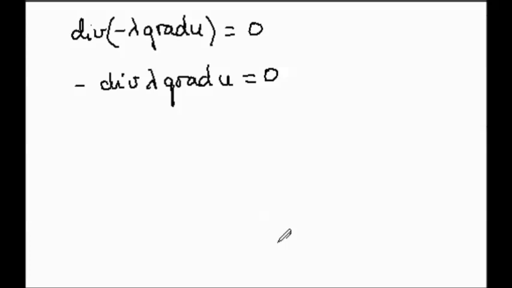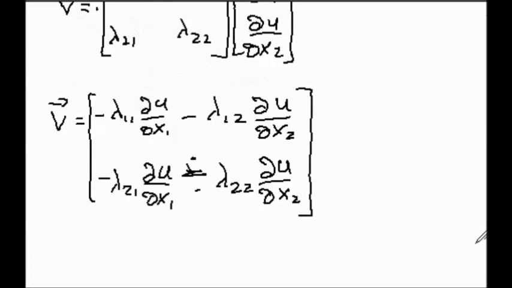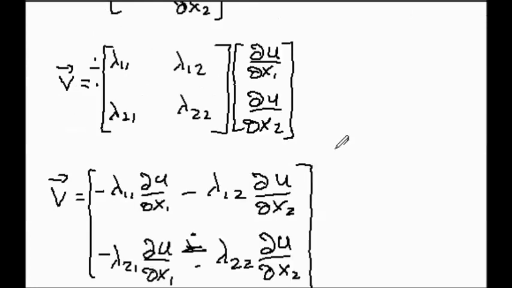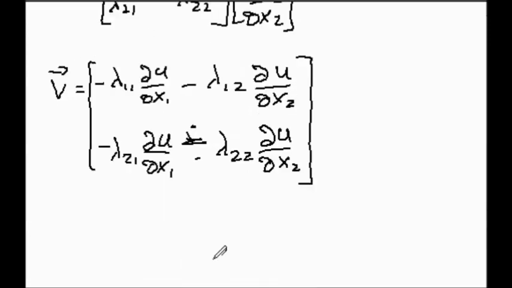Replacing the heat velocity v by minus lambda gradient of u, we obtain the following partial differential equation. The above description is valid for isotropic materials. In the case of anisotropic materials, we have the following relation between the gradient of U and the heat velocity. So this can be written in the following way by matrices.